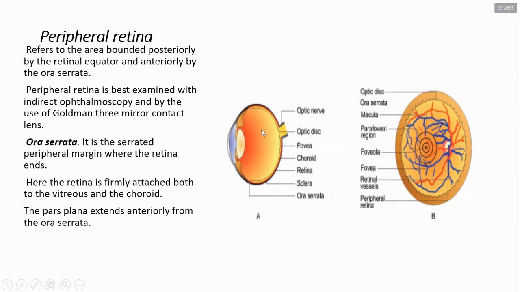This we always have to keep in mind. From here the pars plana extends anteriorly from the ora serrata.